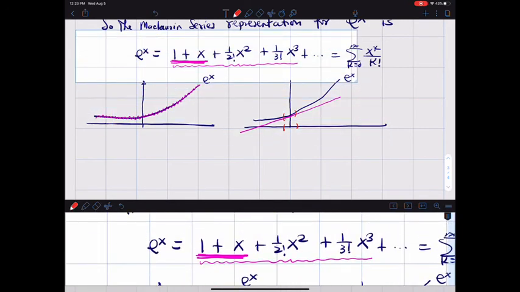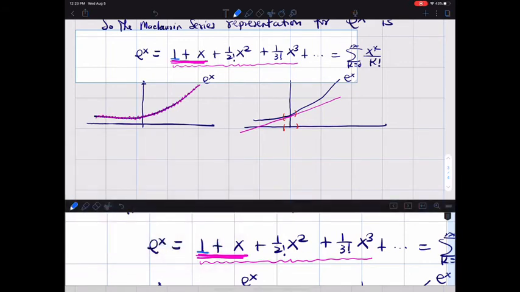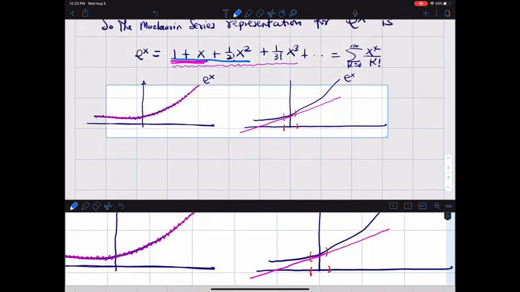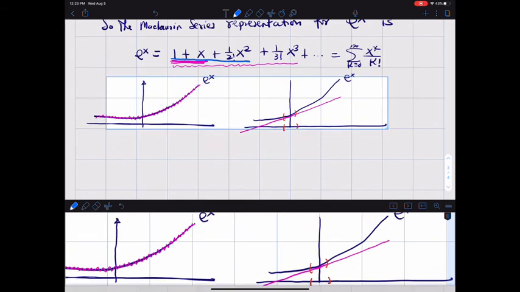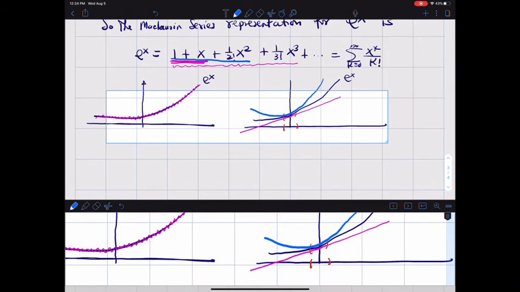Now, how about if we go with the first three terms, 1, x, 1 over 2 x squared? We will end up with something like this. Ooh, you see now, we're getting a better approximation in this interval.